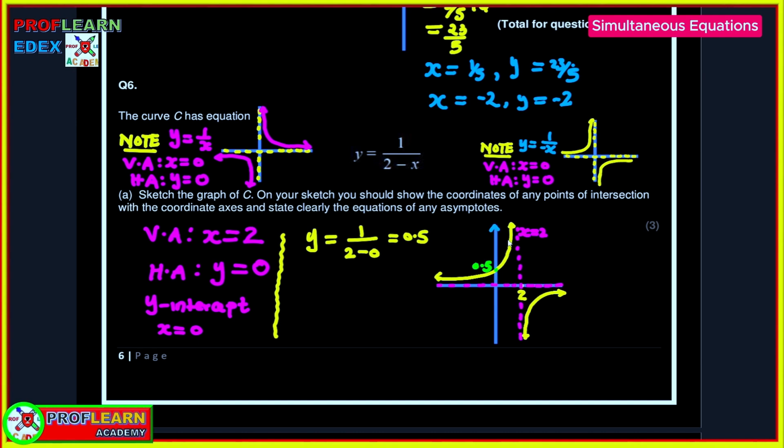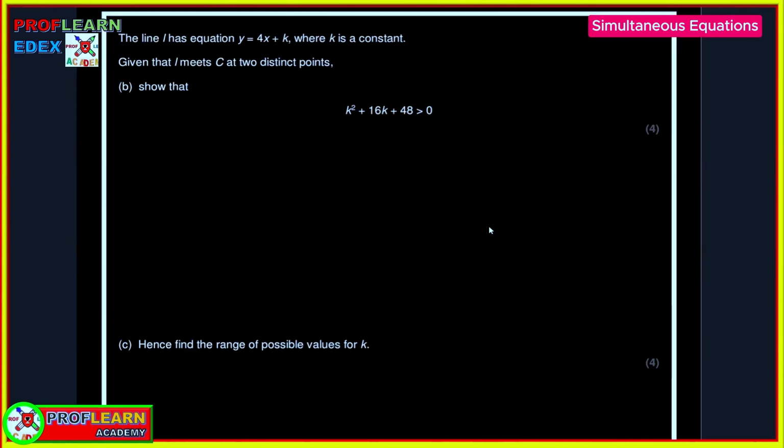Now we need to go to the next bit of the question, part B, whereby we are told that the line L has the equation y equals 4x plus k, where k is a constant, and it's given that L meets C at 2 distinct points. Already we have mentioned how to deal with this: when you are told 2 distinct points, it means the discriminant is greater than 0.